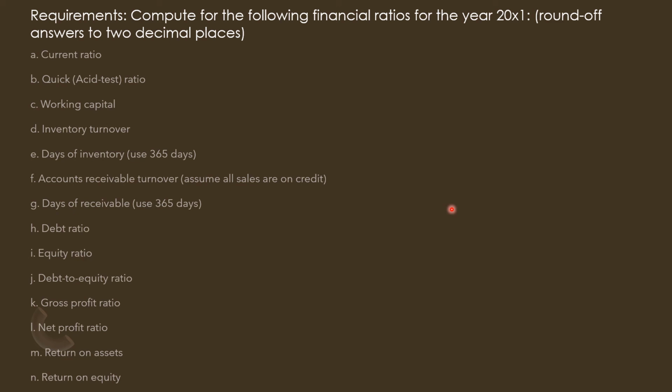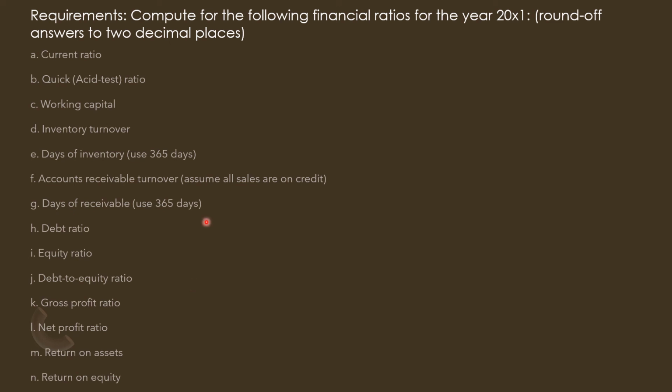But if the answer is 0.40 and you put 40%, I'll still consider that. Okay? But if the answer, say, for example, is 1.18 and your answer is 1.17, the 1.17 is wrong. Right? Kasi hindi kayo nag-round.